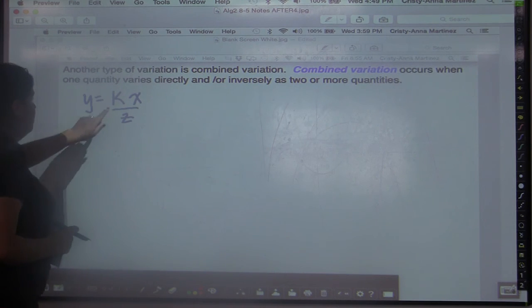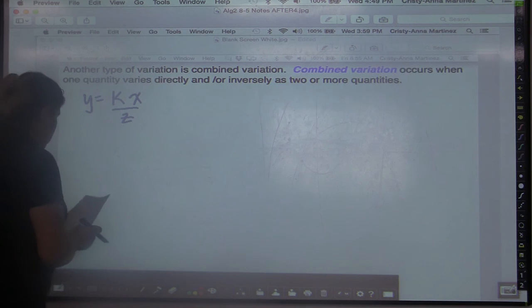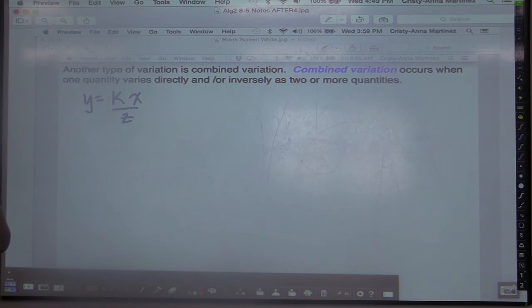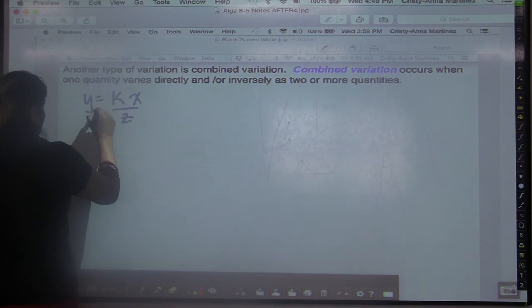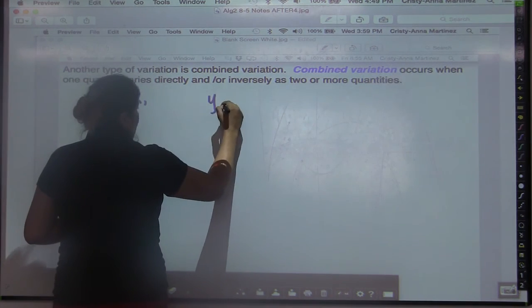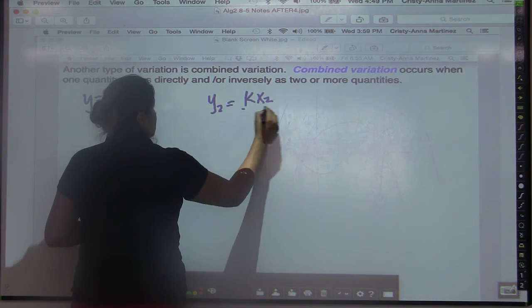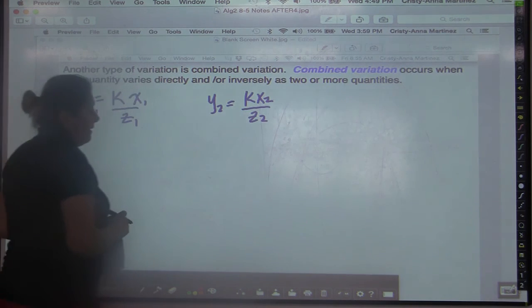So you've got some direct variation going on and some inverse variation going on with the z variable there. If you had something like that, again, you could just make these all ones, y1 equals kx1 over z1, and then y2 equals kx2 over z2, like that.